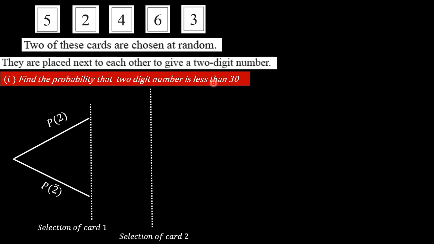Now come to the second trial. How many possible outcomes do we have? Students, as I told you, this is the dependent event. It means that the number is not replaced back into the draw. If we have taken that number 2, it means that the 2 is out of the game now. For the second trial, meaning for the selection of the next card, we now have 1, 2, 3, 4 possible outcomes.